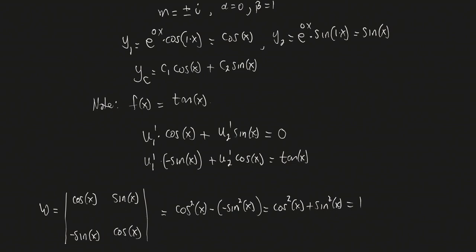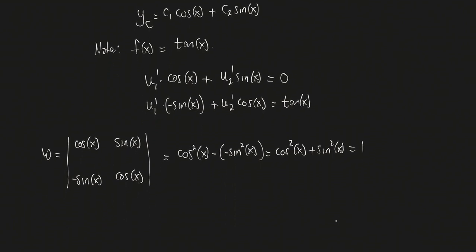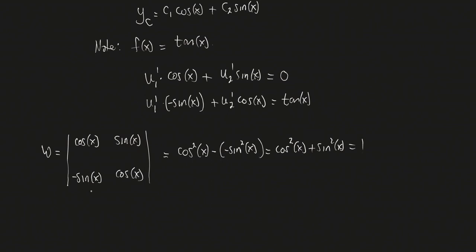That's good because, again, having a simple W means that it simplifies the rest of the process. Also note that this is never equal to 0, right? So all that stuff is coming back. Now let's write down W1. So W1 is where we modify our Wronskian and replace the first column, right?